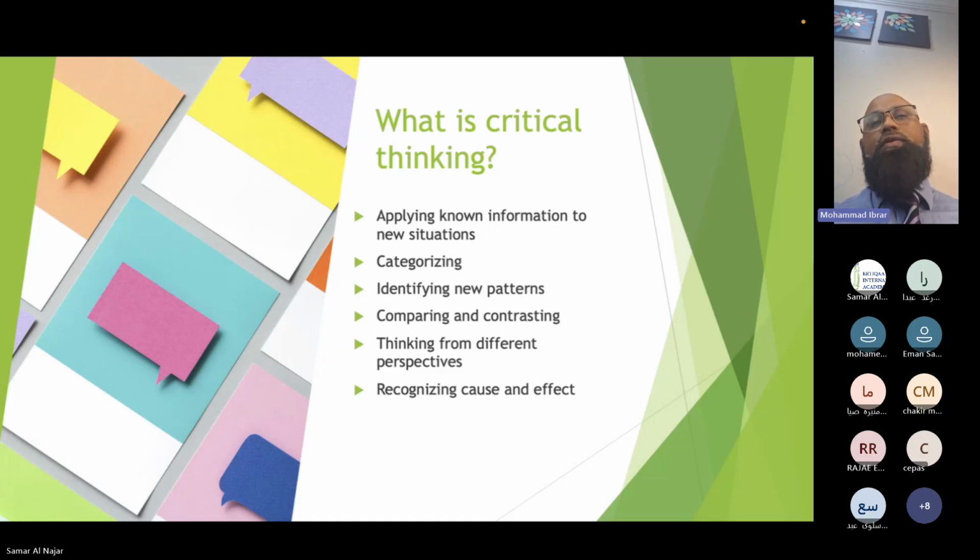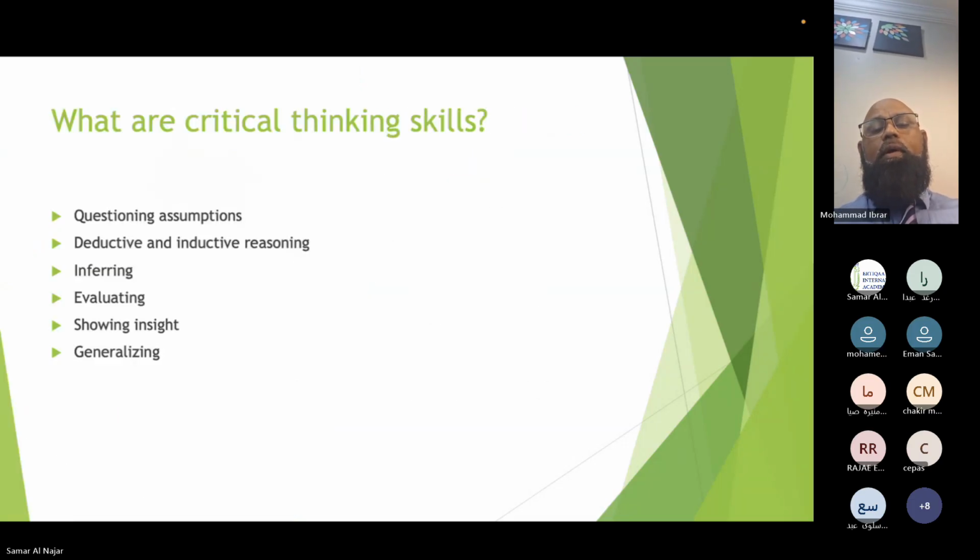So these are the things that go into critical thinking. And we look at examples like how can we categorize, and how do we identify different patterns, especially while teaching grammar?